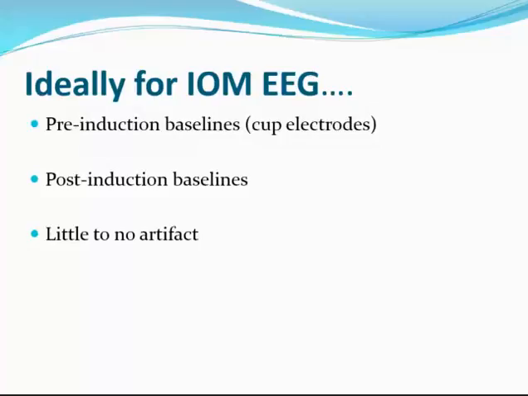At that point, you also want to document the mean blood pressure before induction, and you want to take a post-induction baseline. Why? Because the anesthetic drugs also introduce their own effect on the EEG, and you want to make sure you have very little to no artifact at all in your recording.